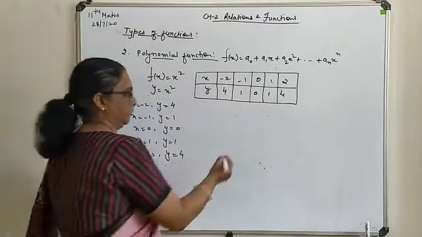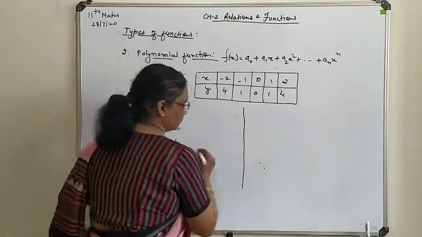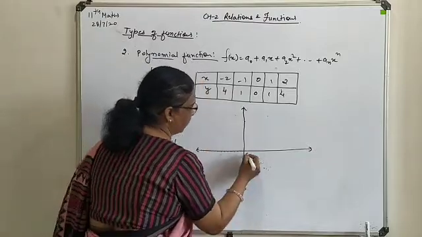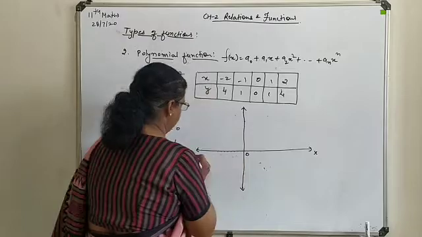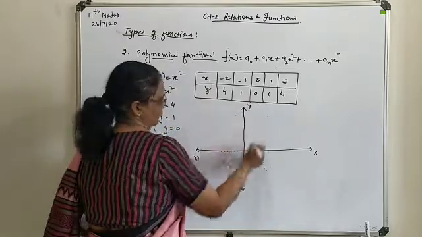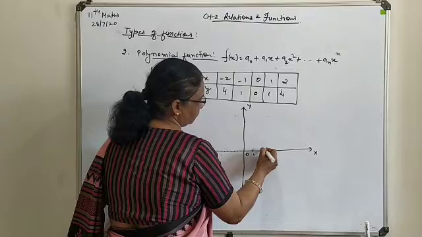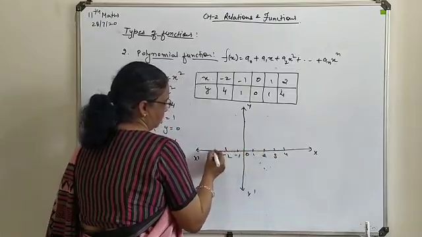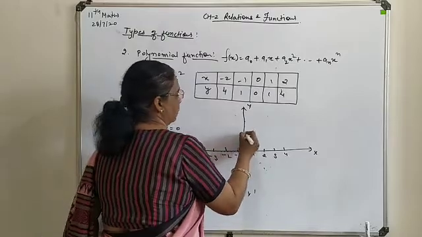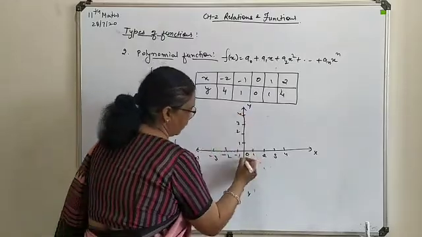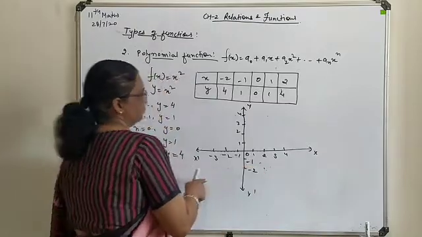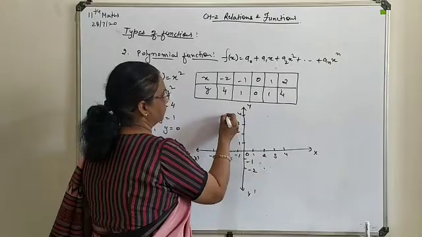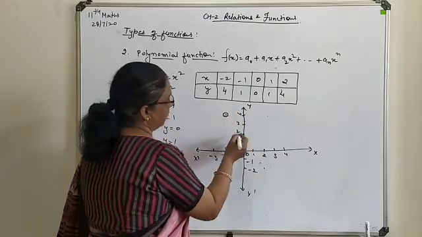Now plotting on a graph. Actually it is a parabolic curve, a standard one. Afterwards you will be clear what is the parabolic path, what is the circular path. Regarding -2, the answer is 4. So here you will come. Regarding -1, your answer is +1.